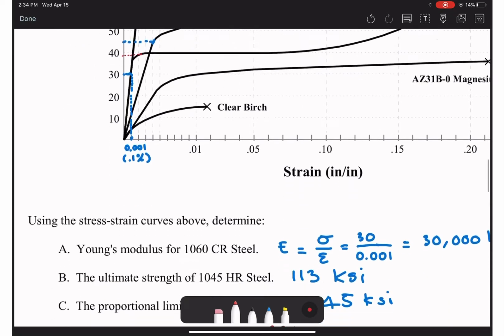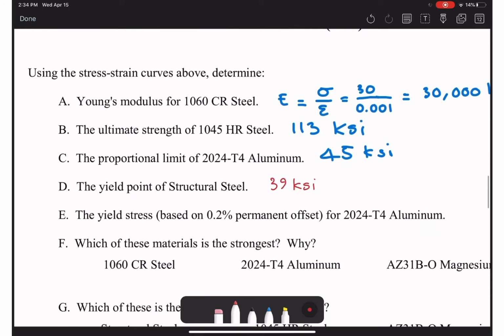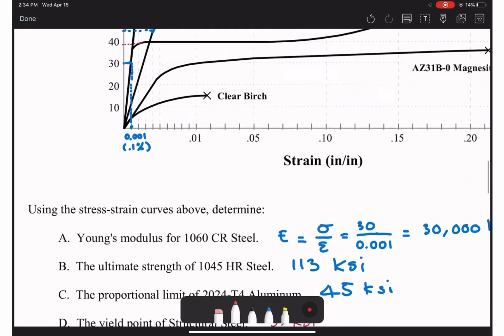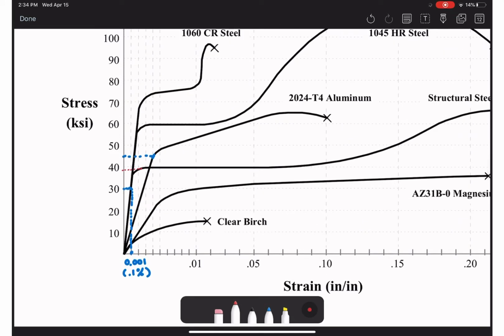We have to use the 0.2% offset method. So 0.2%, let's put it in red here, is 0.002.